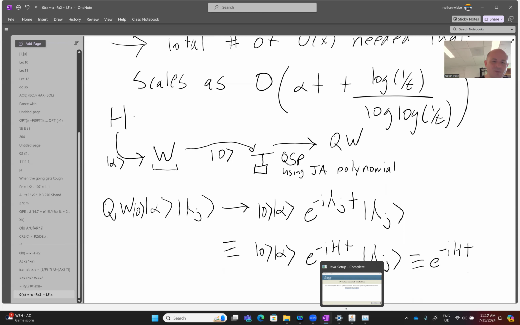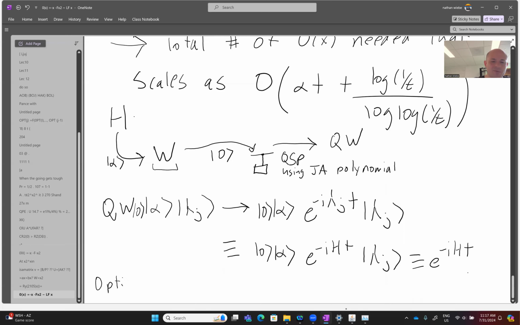And actually, this algorithm can be shown to be optimal. The optimality proof follows from proposing a Hamiltonian that can be used in order to compute the parity of a bit string. And then you can show from polynomial lower bounds that the number of queries needed to do the simulation or the estimation of the parity has to be at least linear.